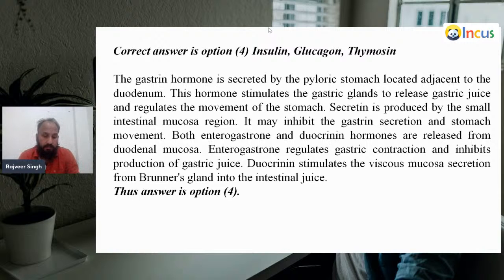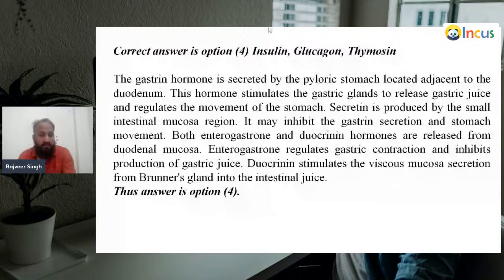Duocrinin. And then, gastrin hormone stimulates the gastric glands to release gastric juice and regulate the movement of the stomach. Secretin is produced by the small intestinal mucosa region. It may inhibit the gastrin secretion and stomach movement. Both enterogastrone and duocrinin hormones are released from the duodenal mucosa.